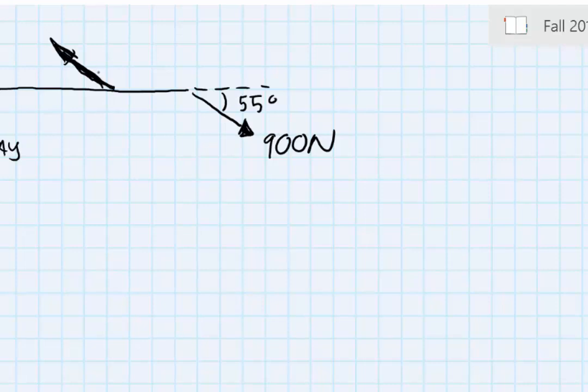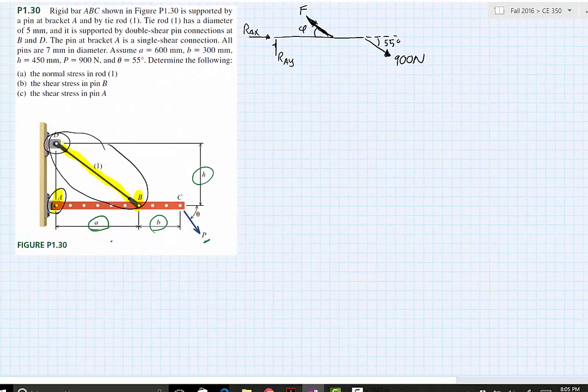So it's acting at the same angle as the rod, and this angle, I'll call it phi. And this is force F, pointing up there. So we have four unknowns: F, phi, the reaction in the Y direction, and the reaction in the X direction.